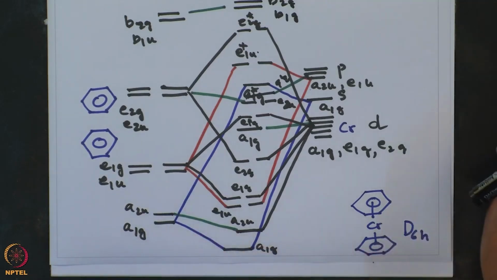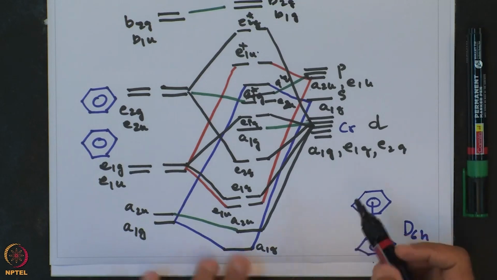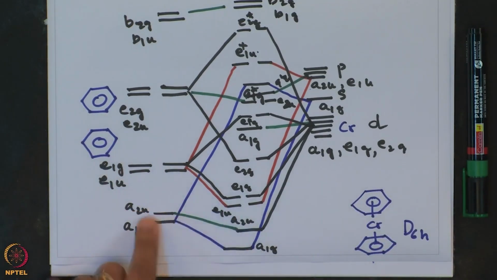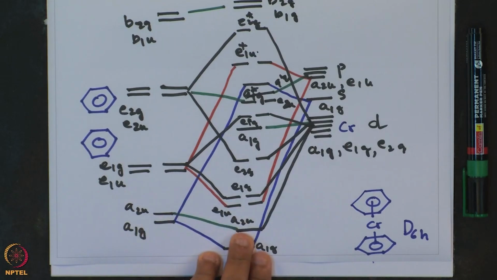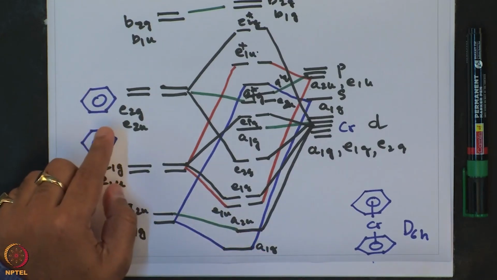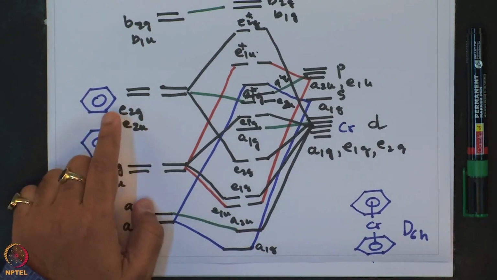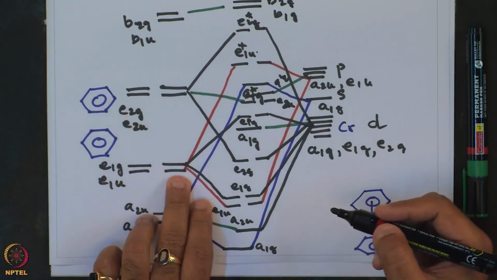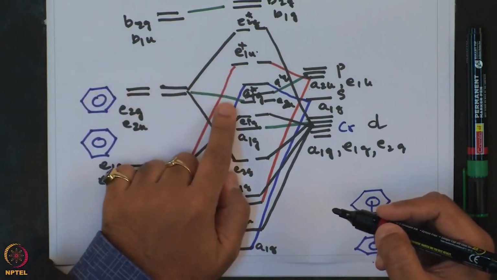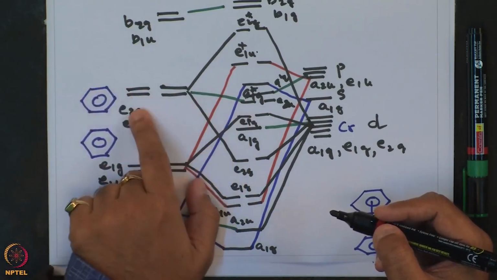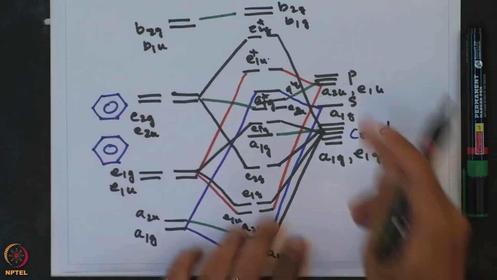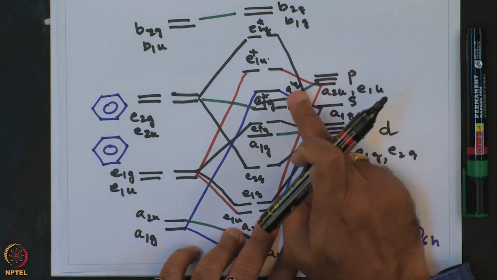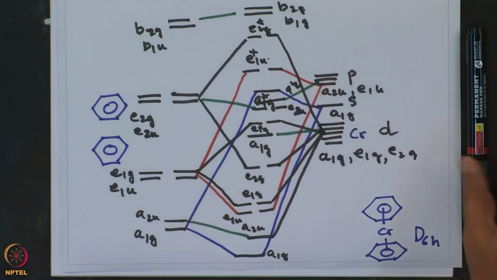So what comes out over here is that between the two A1g combinations, one is non-bonding in nature, whereas between the E2 both are engaged and one is non-bonding for this, and similarly for the p orbital, one remains non-bonding.